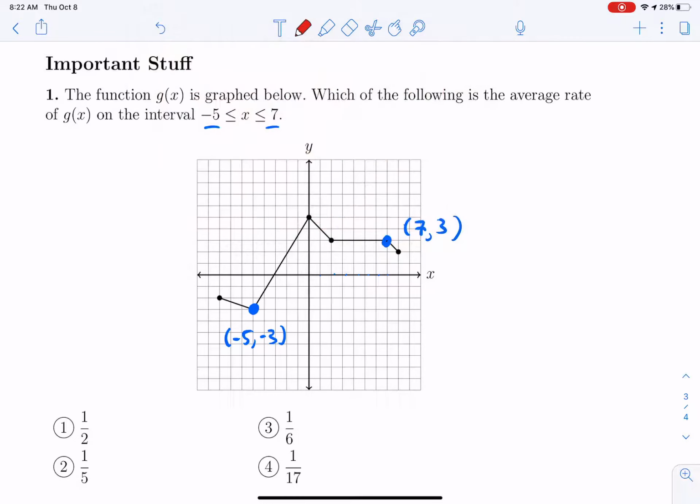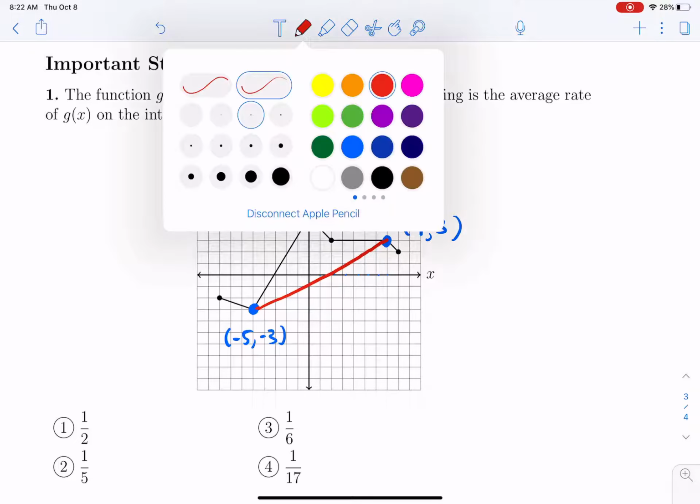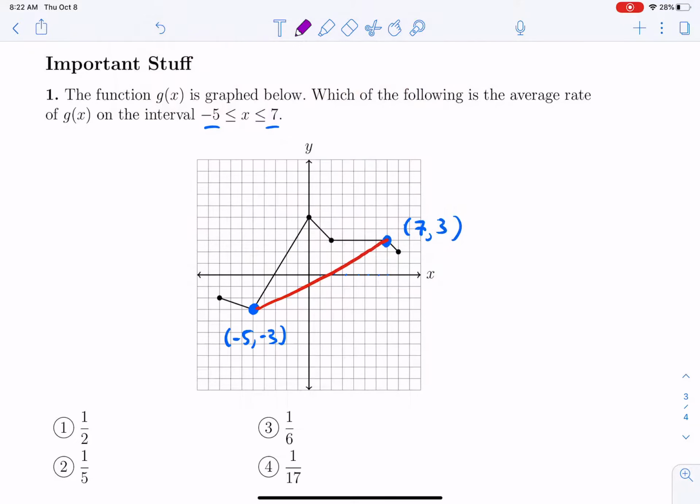Remember I said there's 2 ways we can find this if we have a graph that's nice and neat like this one. I'm going to connect those 2 points, and I'm interested in the rise compared to the run on that interval. That's the same as the slope. So 1, 2, 3, 4, 5, 6.